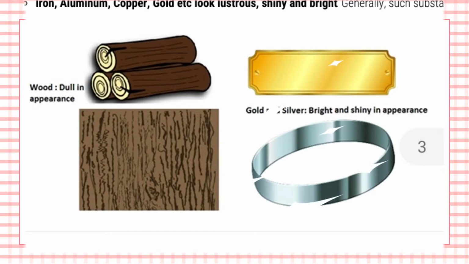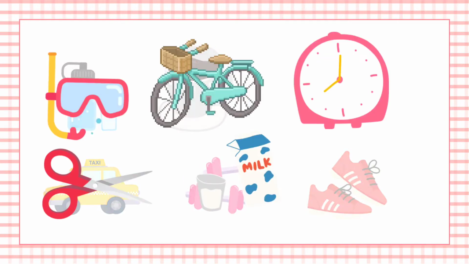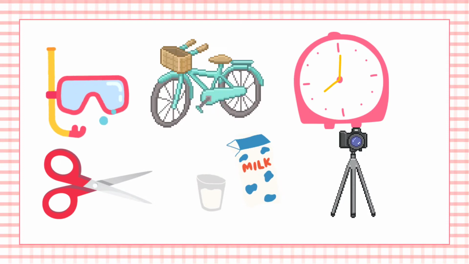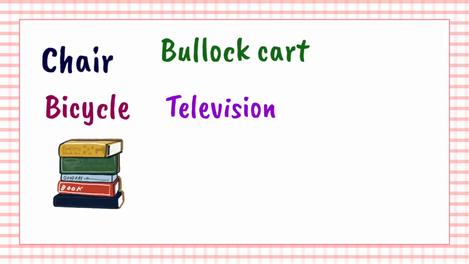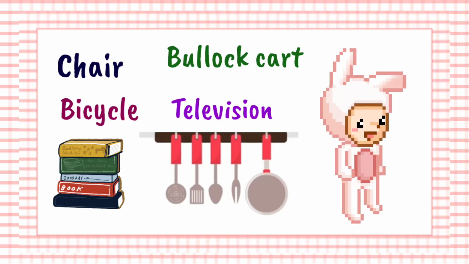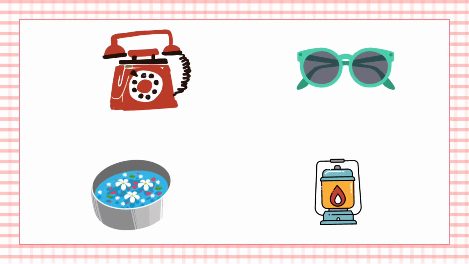Looking around and identifying other objects, we find that there is a variety of clothes, a variety of things present around us, and we keep them at different places. We see around us a chair, a bullock cart, a cycle, a television, cooking utensils, books, clothes, toys, water, stones, and many other objects. All these objects have different shapes, colors, and uses.